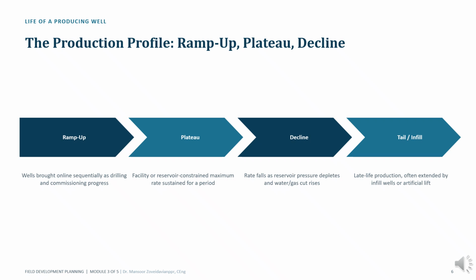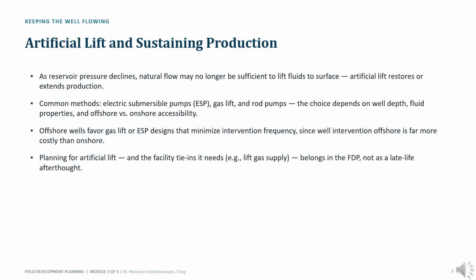Finally, the field enters a tail production phase, which may be prolonged through infill drilling, artificial lift, or other optimization measures. This production profile is one of the most important outputs of the FDP because plateau rate and plateau duration strongly influence project economics. As reservoirs mature, natural reservoir pressure often becomes insufficient to bring fluids to the surface.